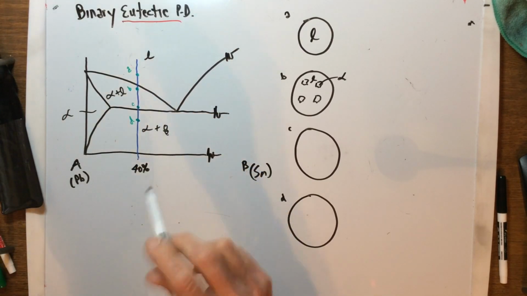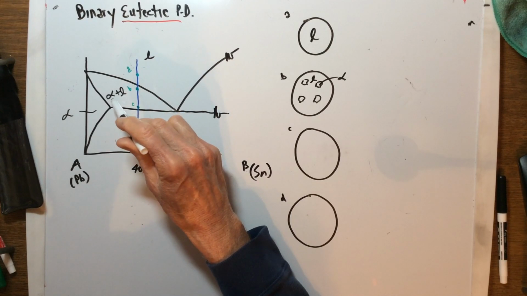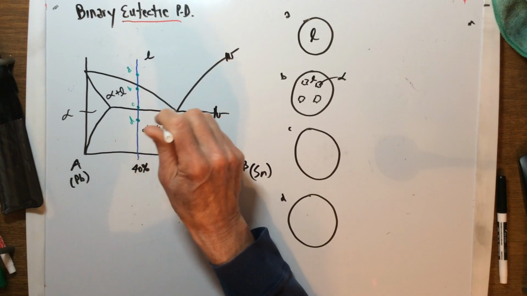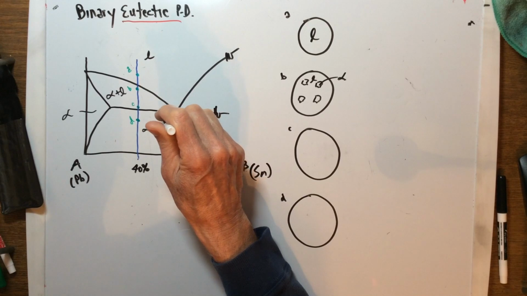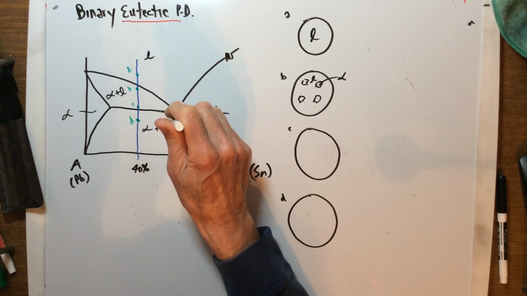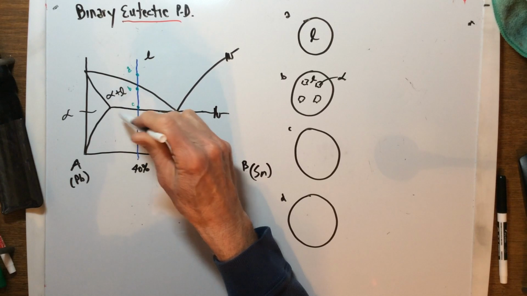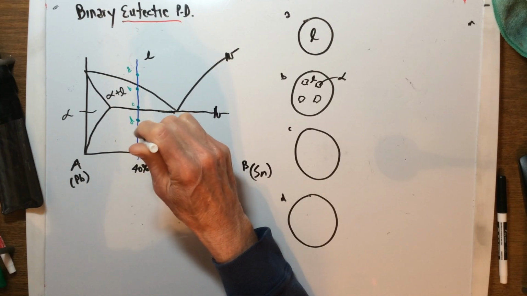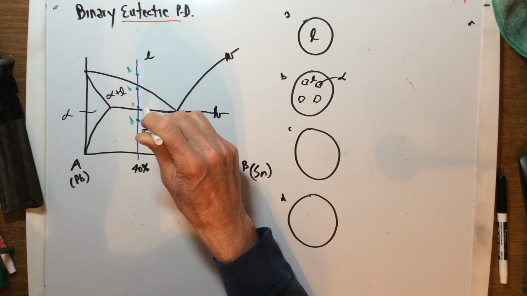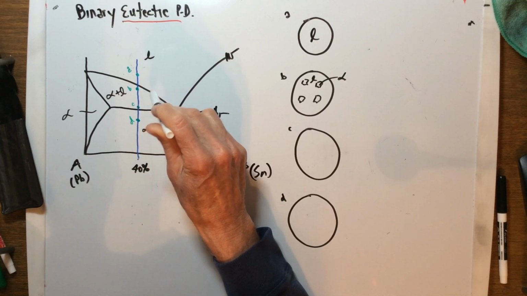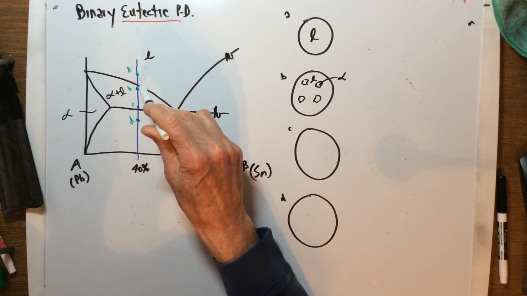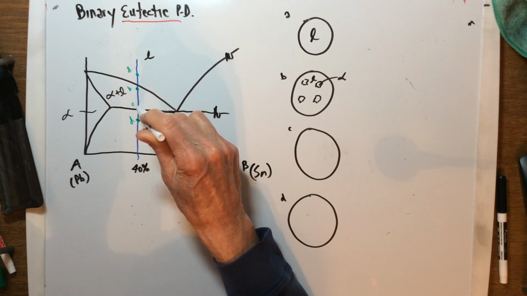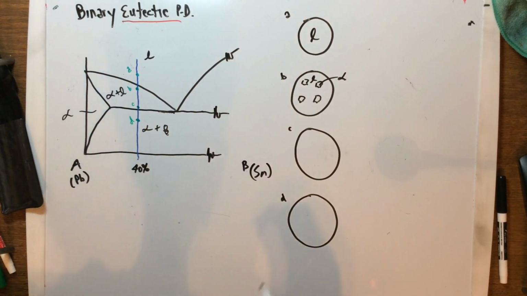All right. So notice that we have alpha in this, which is above the eutectic temperature line here, and then we have alpha down here. So they're going to be in two separate forms, still alpha grains here, but two separate forms because one formed above and one formed below the lower transformation line.